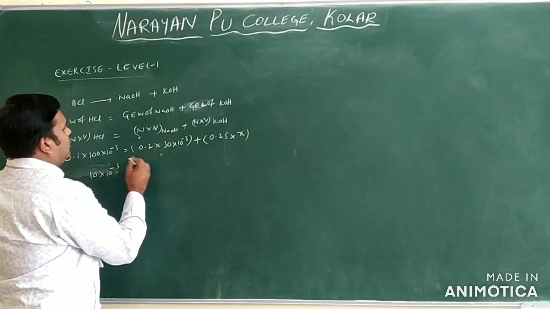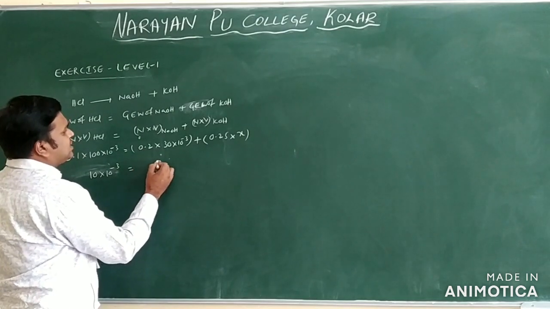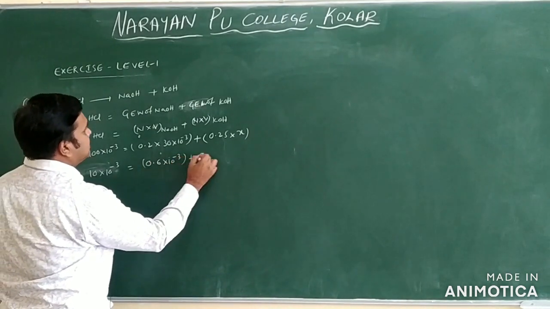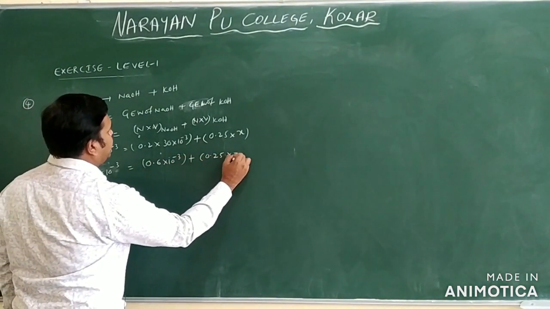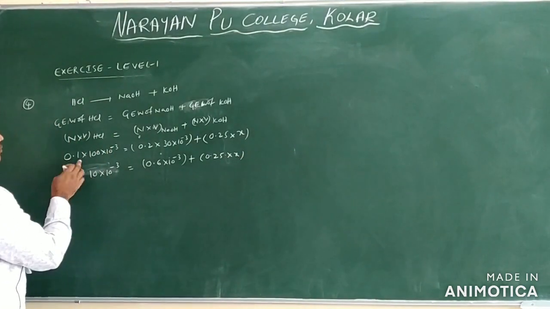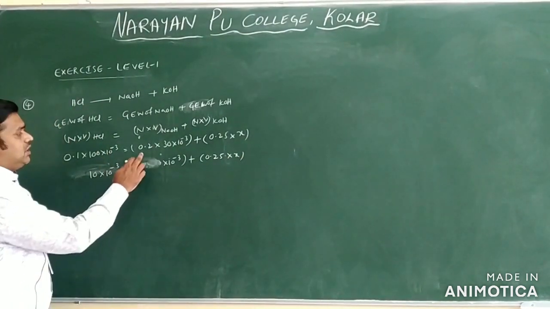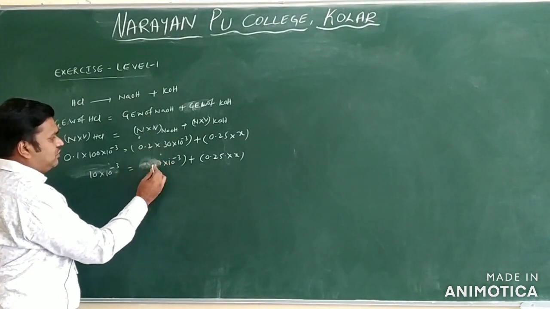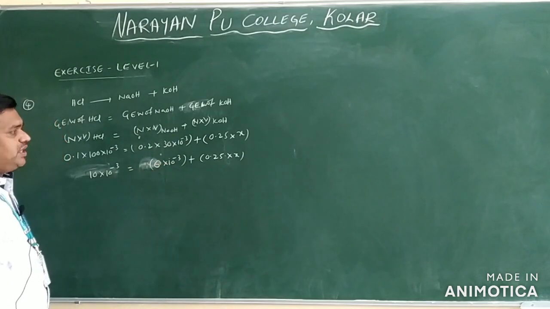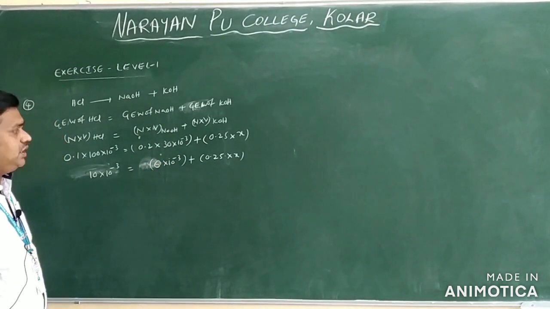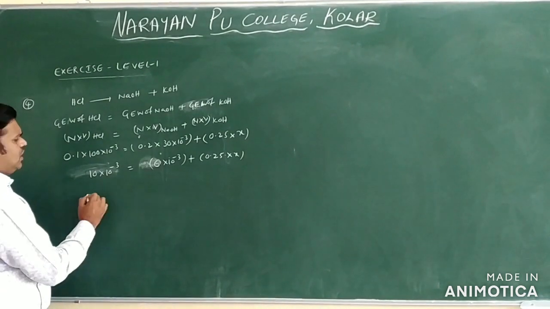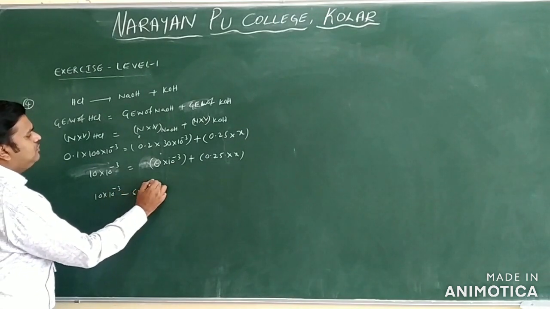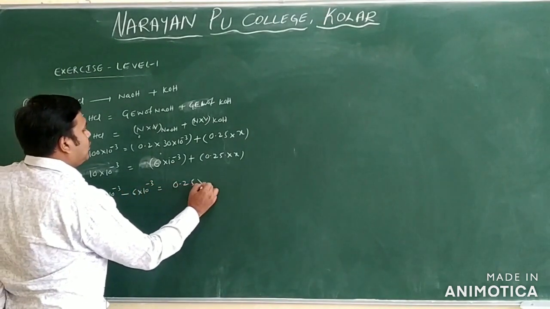Is equal to, for NaOH, 0.2 into 30, that is 2 into 3, 6, so 6 into 10 power minus 3, plus 0.25 into x only. Now I will write this: 10 into 10 power minus 3 minus 6 into 10 power minus 3 is equal to 0.25 into x.